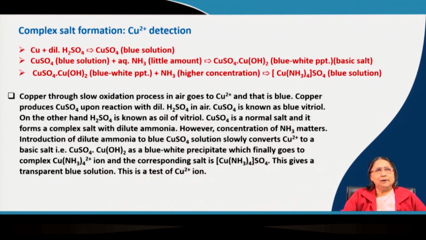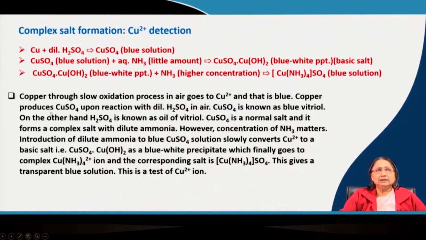Now, when you keep copper in air, it slowly goes to copper 2 plus. You see some blackish tint on the surface of the copper metal, that is nothing but copper oxide, and then copper 2 plus, we know, is blue in color.